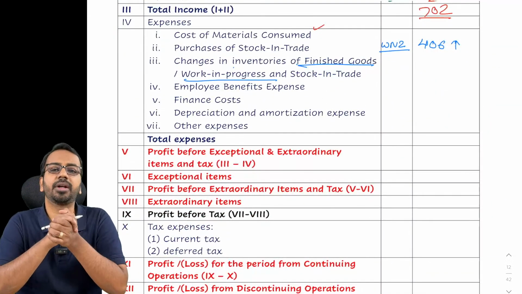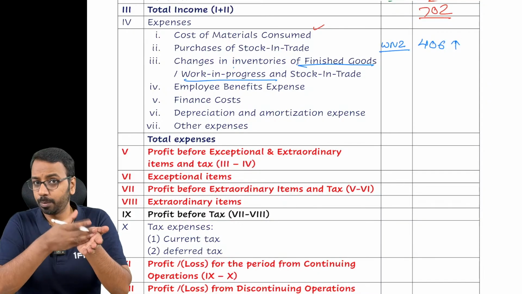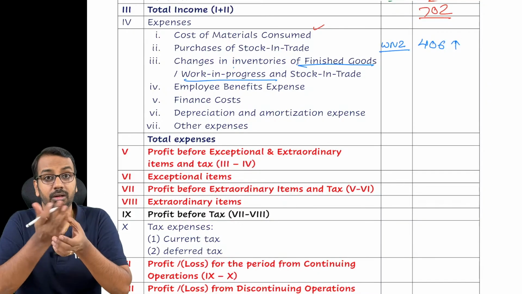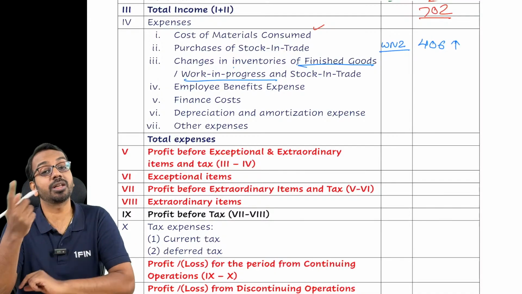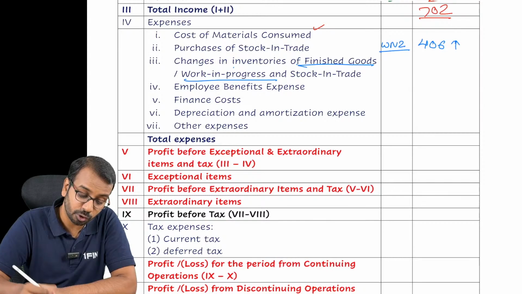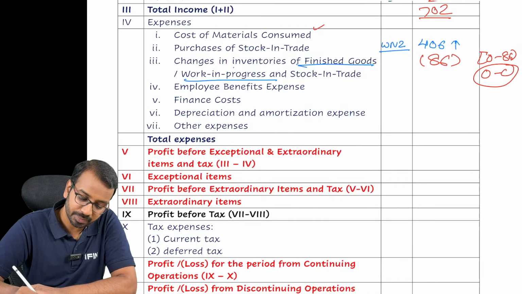Now, how much is changes in inventory? Closing stock and opening stock we need. And I told you the formula, opening stock minus closing stock. Do we have opening stock? We don't have. What did we assume? 0. What is the closing stock? 86. So 0 minus 86 is my changes in inventory. Opening minus closing.